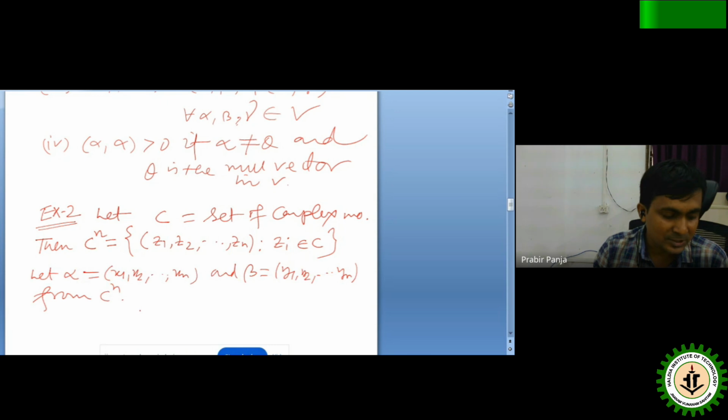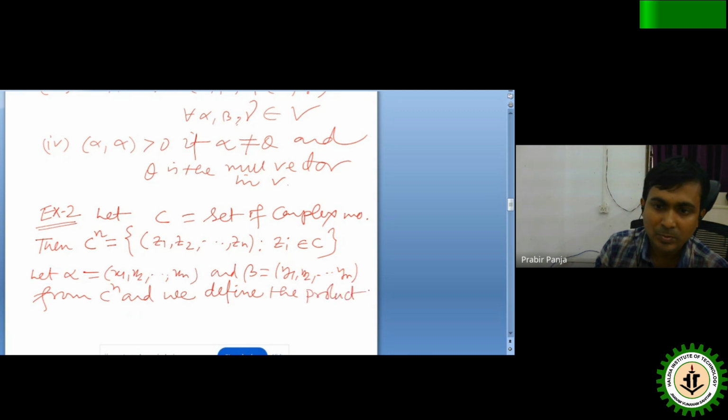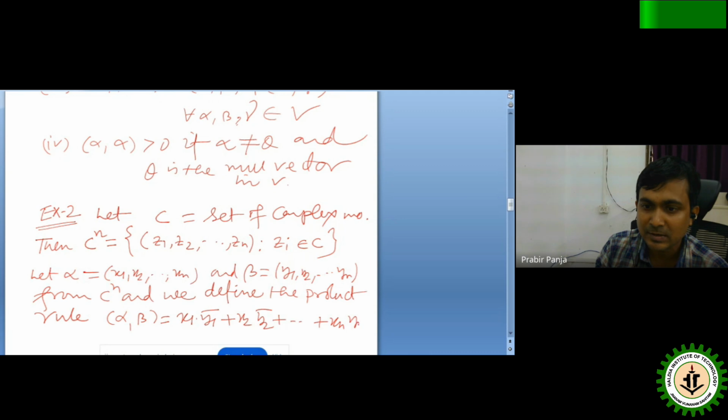Let us take these two vectors from Cn, and define the product rule so that the product of alpha and beta is equal to x1 into y1 bar plus x2 into y2 bar plus ... plus xn into yn bar.